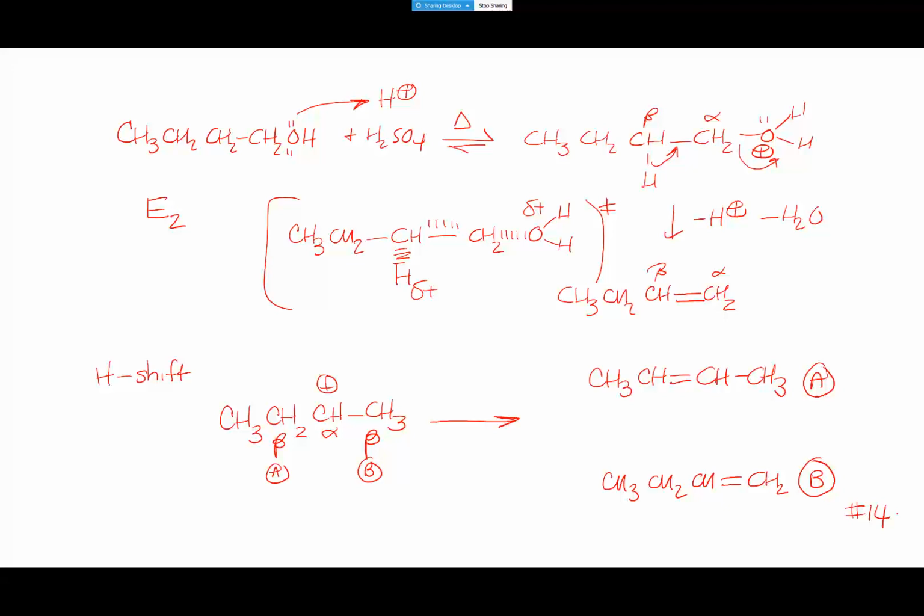So in this case, I had a different set. And the only reason I asked you this question was I wanted to make sure we remembered what the major product is in E1. Right? And that is always the most substituted, most stable alkene.